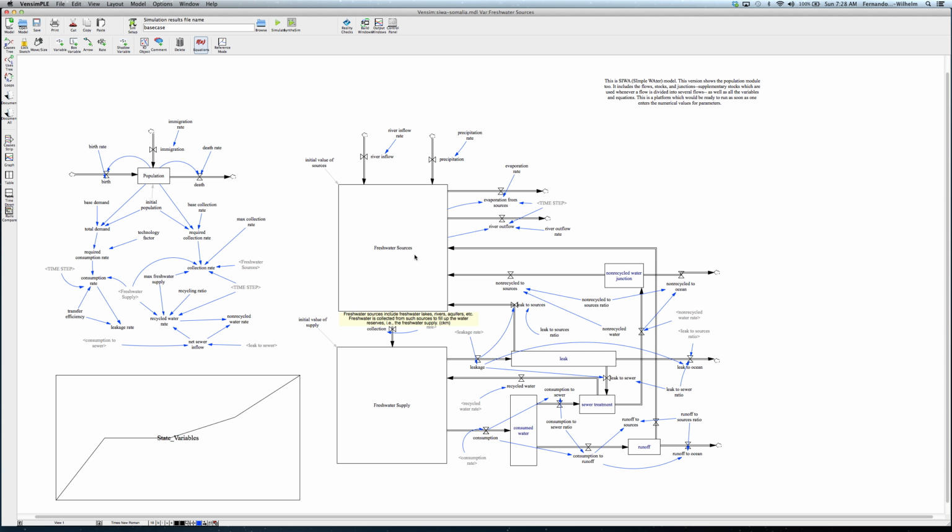So the freshwater sources stock, the ins are the river inflow and rainfall, precipitation. Those are essentially the two major ins from the outside. The two major outs are evaporation and a river outflow.